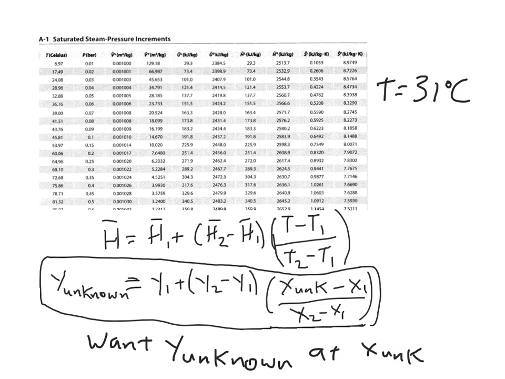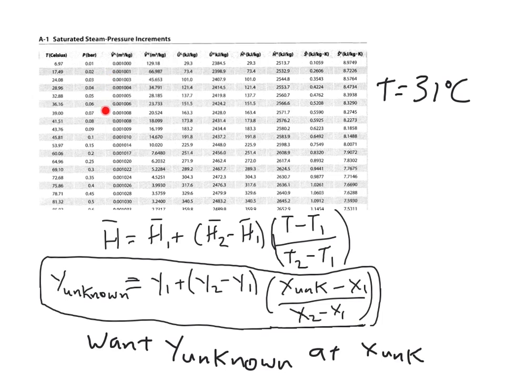We could do this for other properties. We could do the same thing with internal energy, substituting internal energy for y, with x being the temperature again. We could also use the specific volume for y and figure out what the specific volume is at a temperature that's not listed on the chart. Again, x would be temperature, but x doesn't have to be temperature, it can be other things.